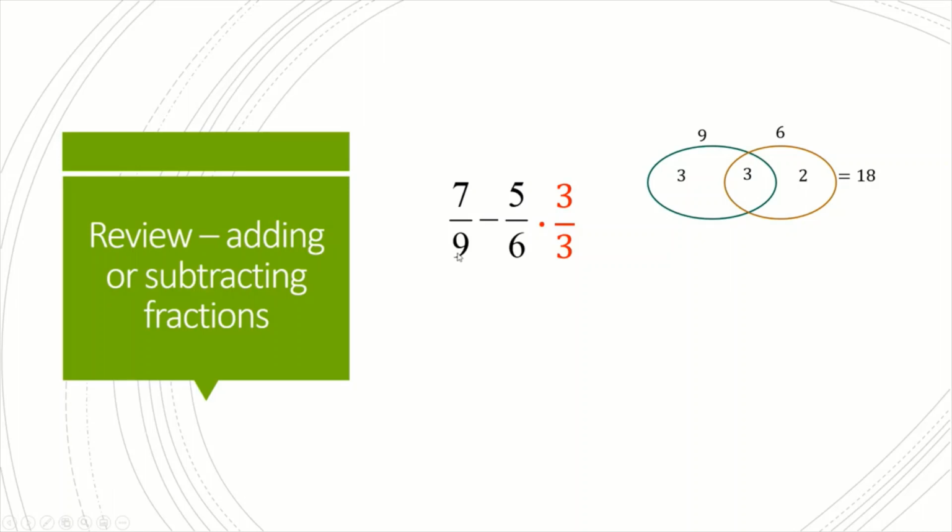What times 9 will give me 18? 2. It's that leftover number. So multiply the top and the bottom by 2, you get 14 over 18 minus 15 over 18. Subtract 14 minus 15 is negative 1, and you keep the denominator the same, which would be 18.